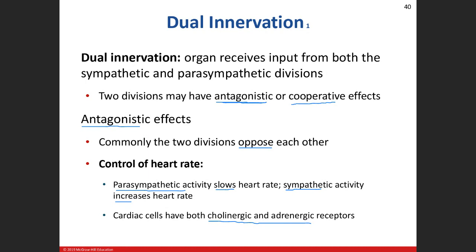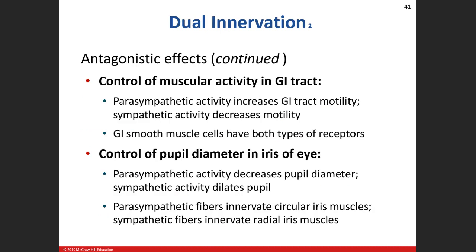You ready? Let's talk about food, the digestive tract. The parasympathetic nervous system, remember, is rest and digest. So in this case, it is going to really stimulate the digestive tract. It's going to increase motility, so we can move food around more, slosh around like a cement mixer does when it's mixing cement.